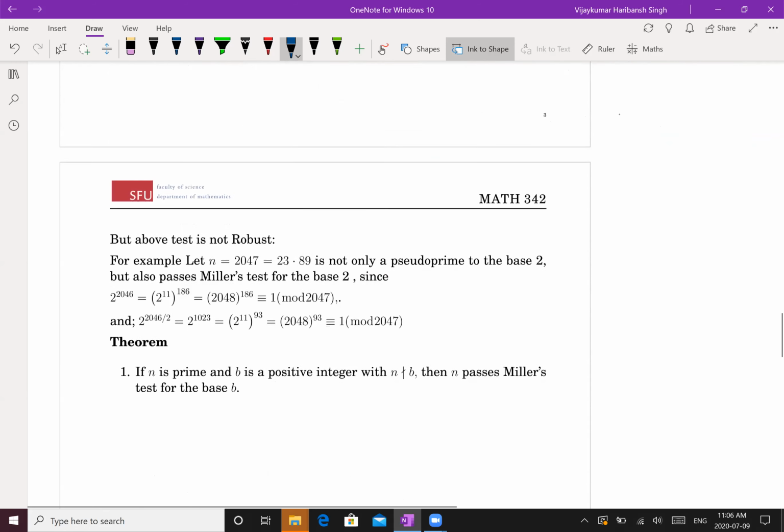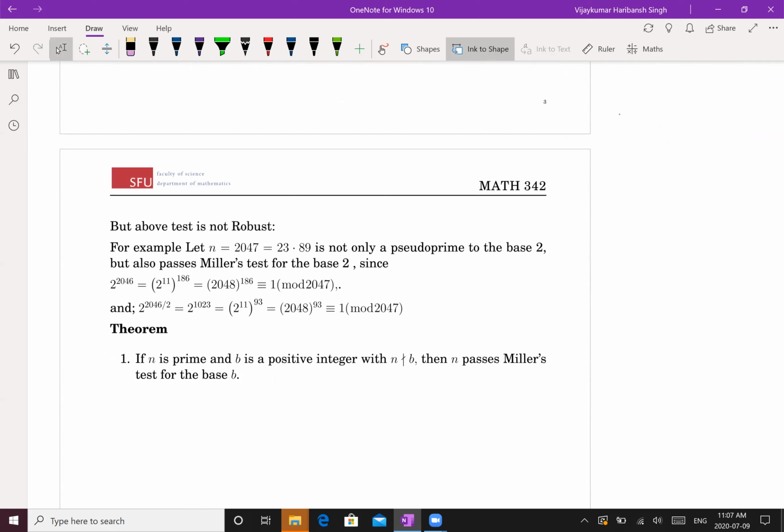Okay. However, again, the above test is not robust. For example, we have n equals 2047, which is 23 times 89. Now you can clearly see that 2 to the power 2046 is congruent to 1 mod 2047.